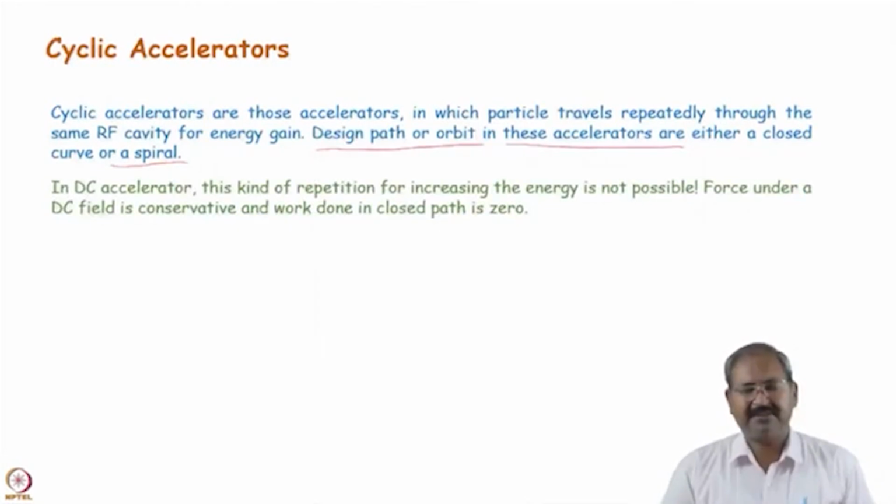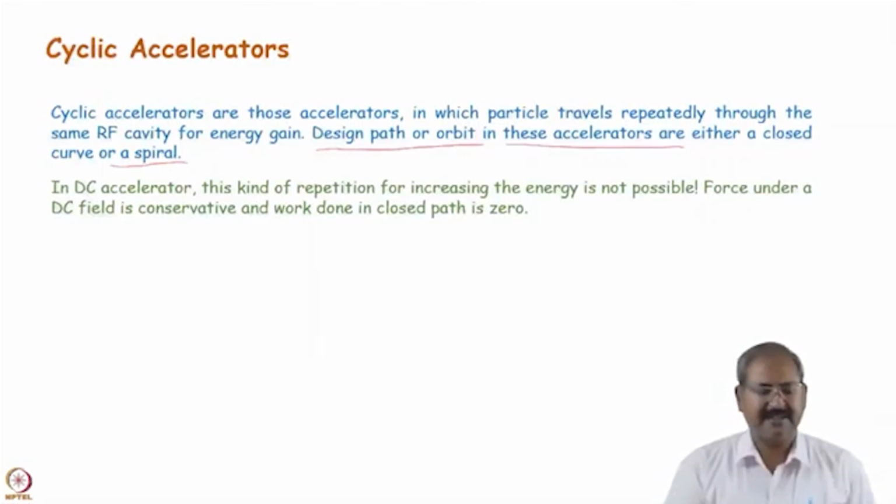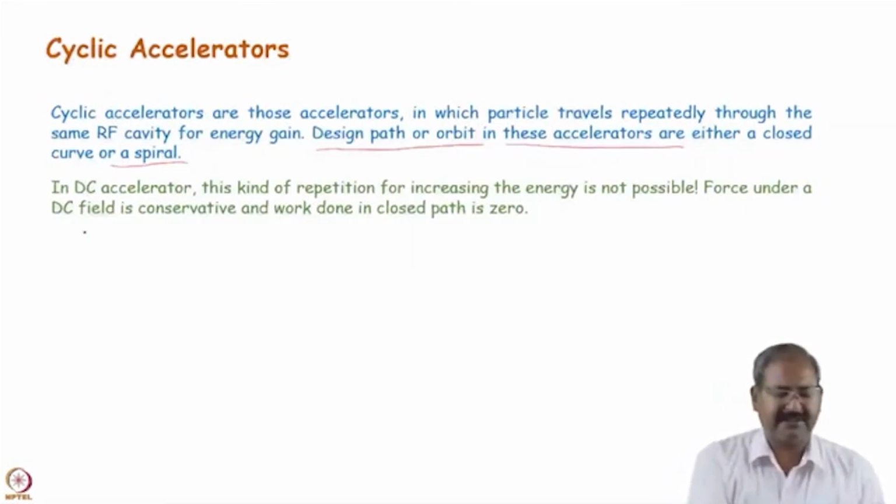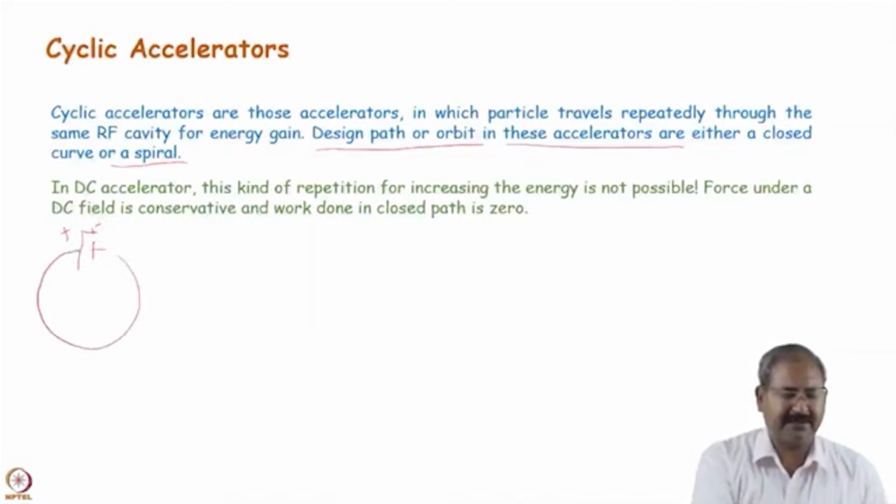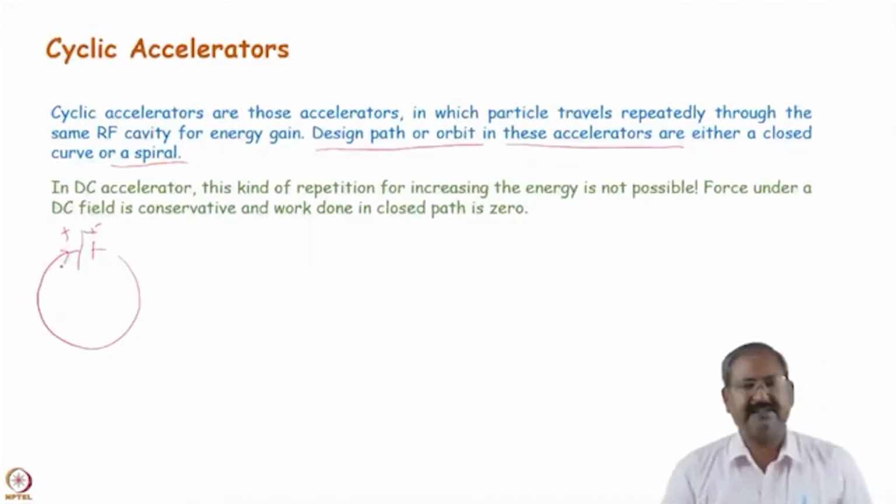Can we have this kind of repetition using the DC field? Means we have some DC accelerators here, say plus, minus, this is the DC field, and then we send the particles repetitively through the DC accelerator, and we can get higher and higher energies each time. Is it possible or not?